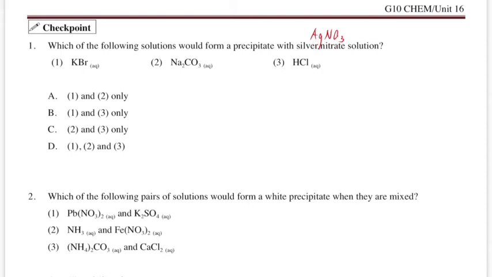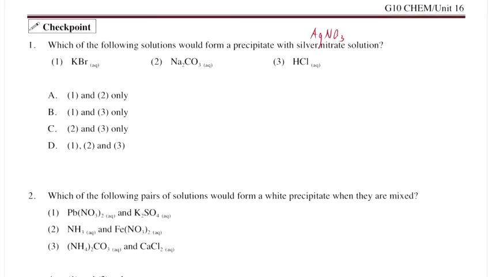How about silver bromide? Bromine is a halogen, and for bromide salts, there are only 2 exceptions you need to remember, which are silver bromide and lead 2 bromide. They are insoluble. So here we form silver bromide, which is insoluble, and we can put a tick for option 1.